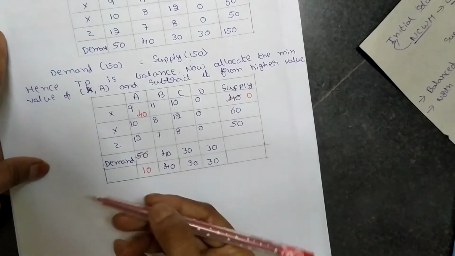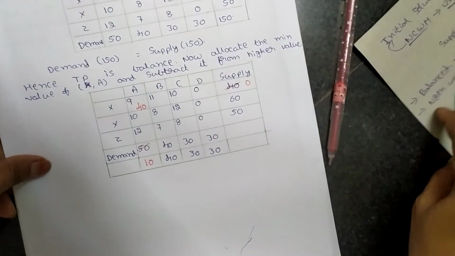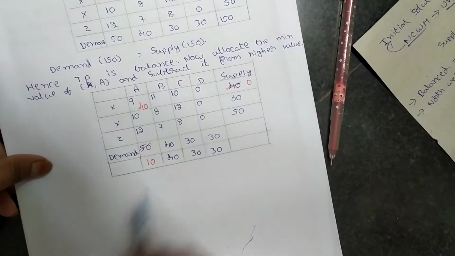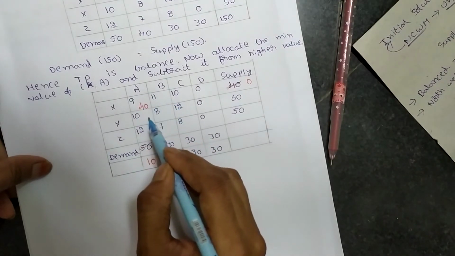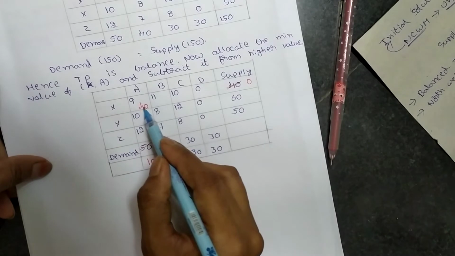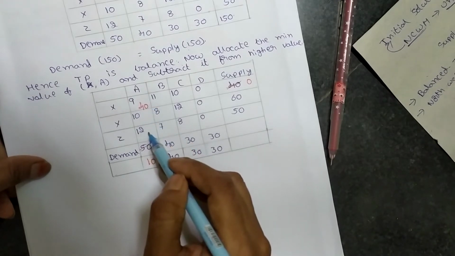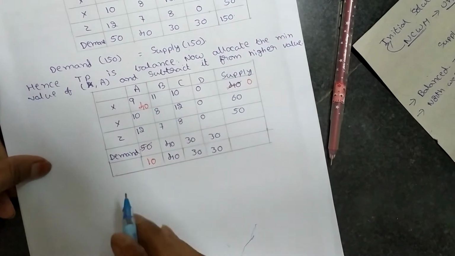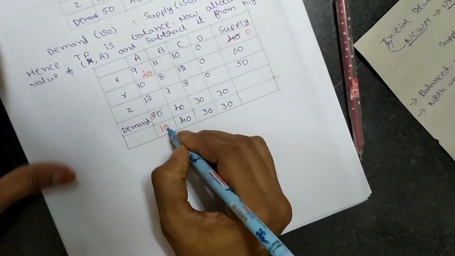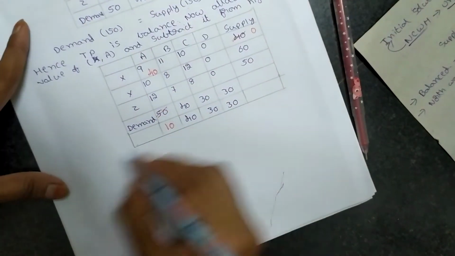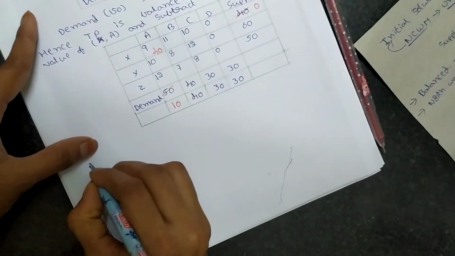Okay, now we need to identify how to move: either horizontal movement or vertical movement. We have two different movements here. Which one do we consider at this level? For that we see where we have the excess.